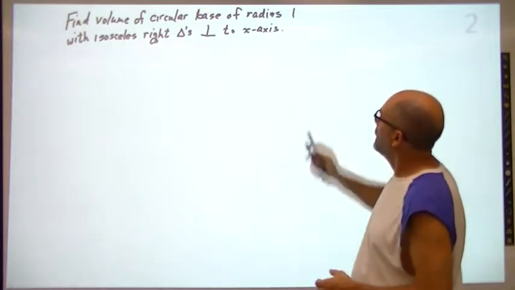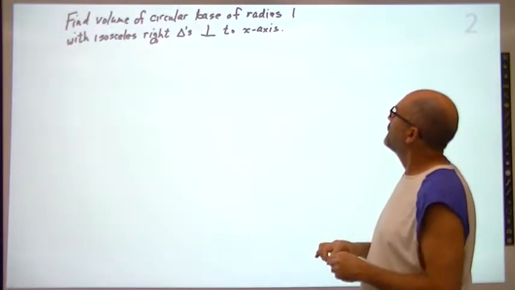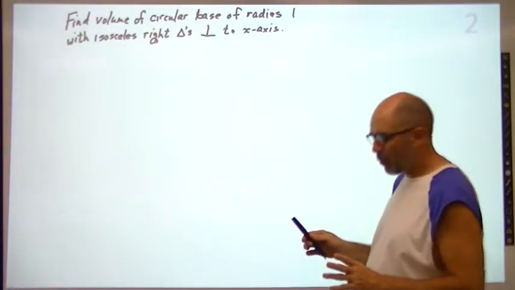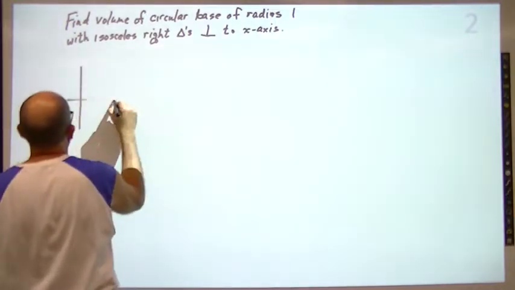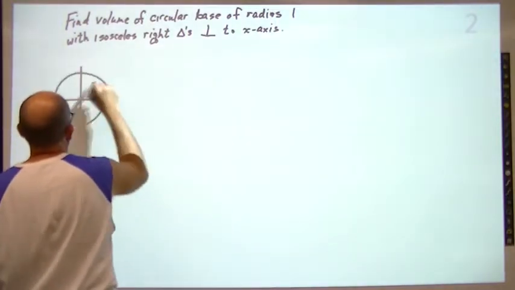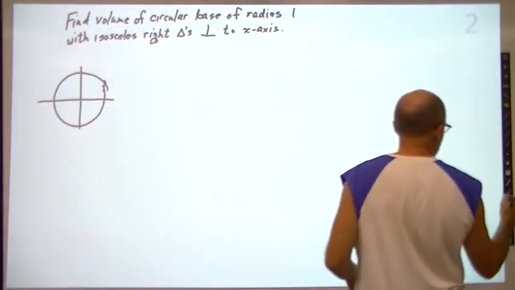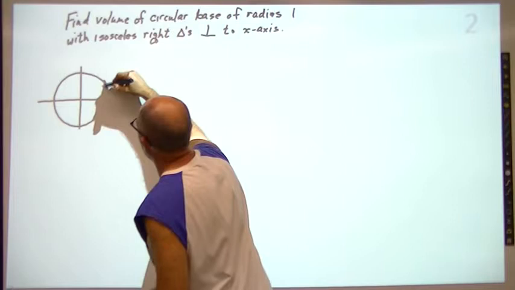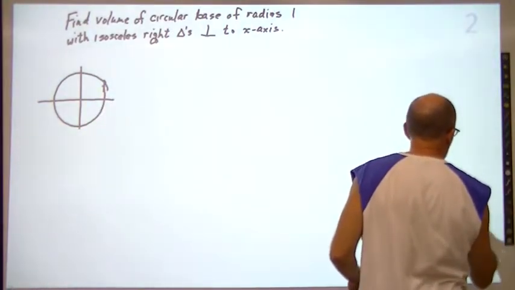So now let's do this thing. So we have circular base of radius 1. So that means, nice, there's my circular base.